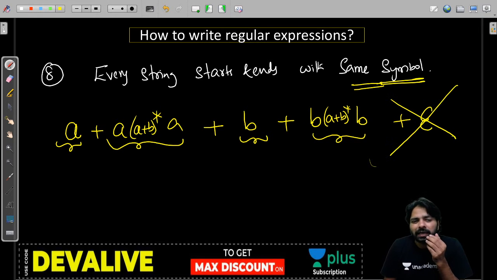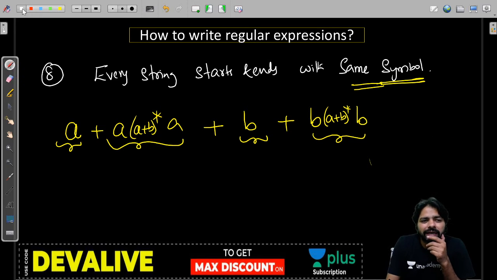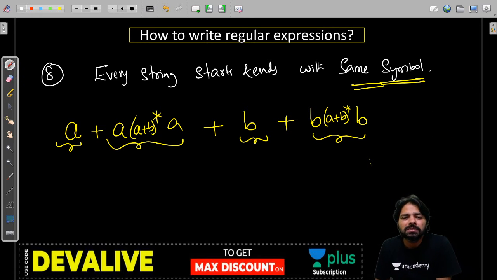Please don't do that. Epsilon is not a symbol. It is the string in which there is no symbol. But they want the same symbol to start and the same symbol to end. So don't include epsilon. Everybody? Some people have a habit of including that. If they ask including epsilon, then do it. Otherwise, don't do it, because epsilon is not a symbol. Okay.